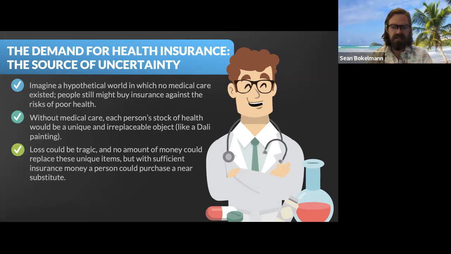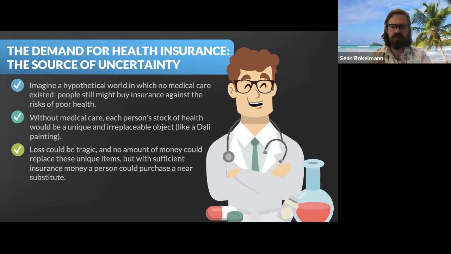But with insurance coverage, if there's an insurance benefit that can be received, then at the very least, a person could purchase something that's a close substitute, right? So if we lose a Dali painting to a fire, we can at least purchase something that's similar, maybe a painting by a different master.